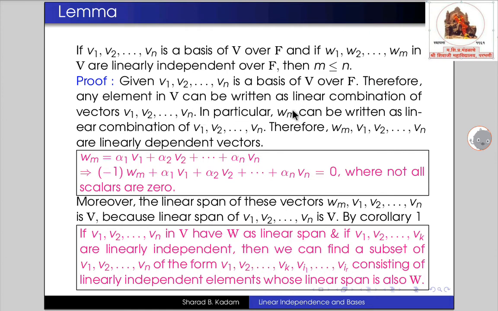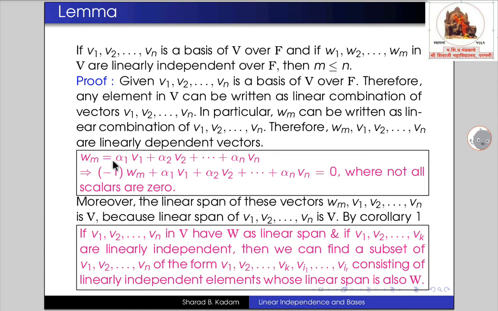So in particular, an element wm can be written as a linear combination of v1, v2, and so on up to vn. Therefore, the vectors wm, v1, v2, and so on up to vn are linearly dependent vectors. They are linearly dependent because wm is a linear combination of v1, v2, ..., vn.